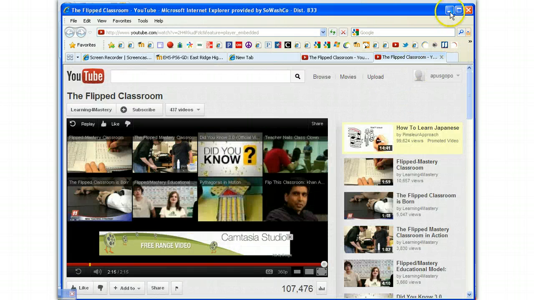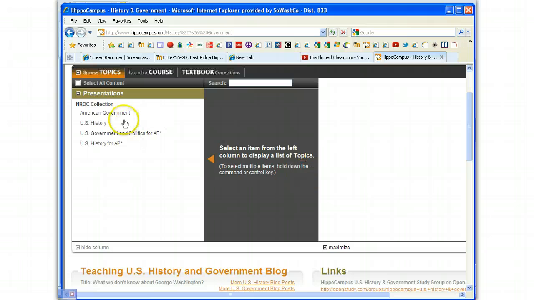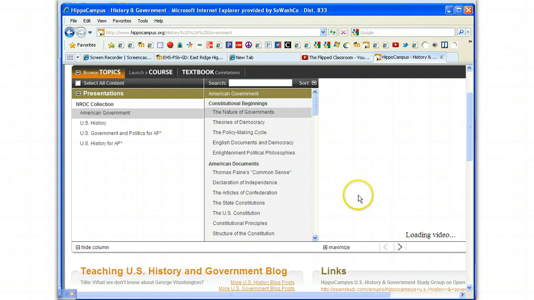So that's an example of one resource. You could also use Hippocampus, which is a vetted website offered by the Monterey Institute and well regarded. It offers a course in American government, which probably would be drawn from as an additional resource, showing an example of what that would look like.